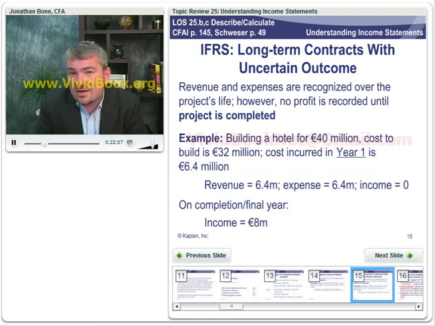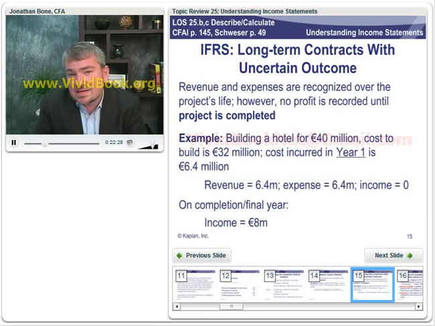So let's have a look at the same example. Building a hotel that we think we're going to sell for 40 million euros. The cost to build it is 32 million euros, so we're expecting a profit of 8 million euros. Notice the cost incurred in year 1 is 6.4 million. So we've got an expense of 6.4 million. So all we'll do is match our sales figure to that expense in the income statement, so we have 0 profit.